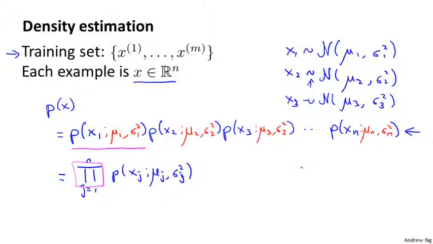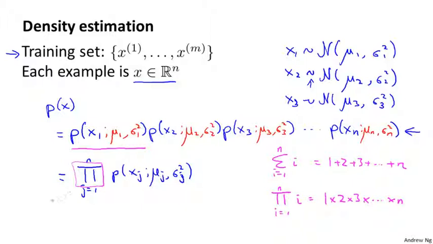And so, you're familiar with the summation notation. If I write the sum from i equals 1 through n of i, this means 1 plus 2 plus 3 plus dot dot dot up to n. Whereas this product symbol, the product from i equals 1 through n of i, means that it's just like summation, except that we're now multiplying. So this becomes 1 times 2 times 3 times dot dot dot up to n.